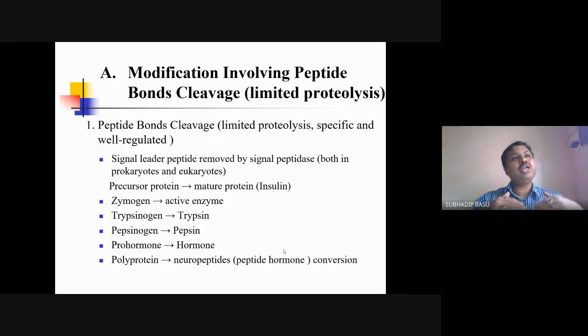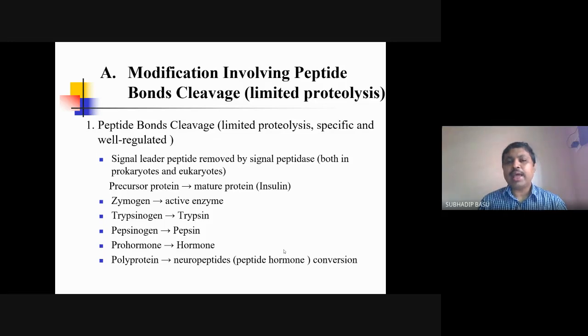A peptide bond: there are different amino acids, and during the translation process, they form a peptide bond. An amino acid is also called a peptide. They bind with each other through a peptide bond.